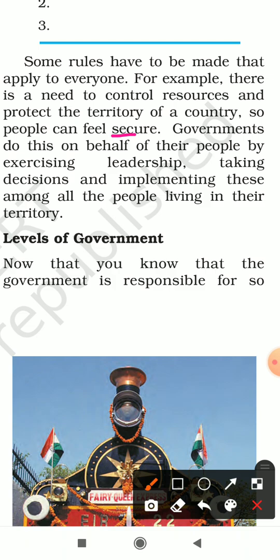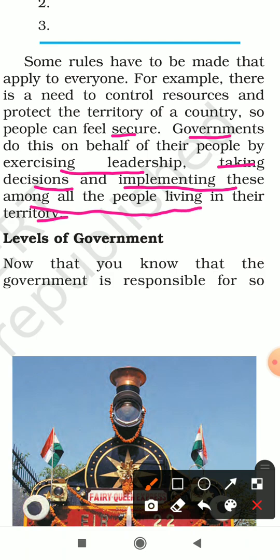And who does this? Who is responsible for making people feel secure? It is the governments. Governments do this on behalf of their people by exercising leadership, taking decisions, and implementing these among all the people in their territory.